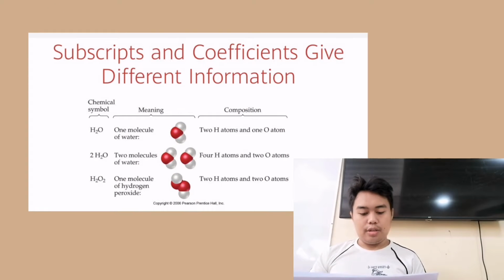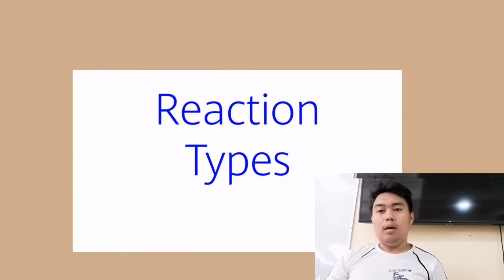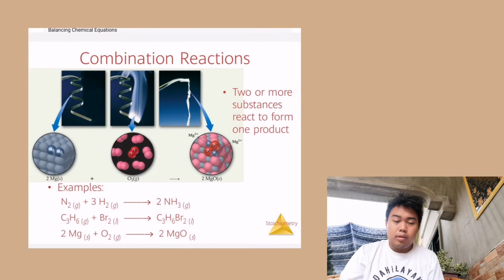Subscripts and coefficients give different information. Subscripts tell the number of atoms of each element in molecules. Coefficients tell the number of molecules or compounds. Reaction types. Combination reaction: two or more substances react to form a product.